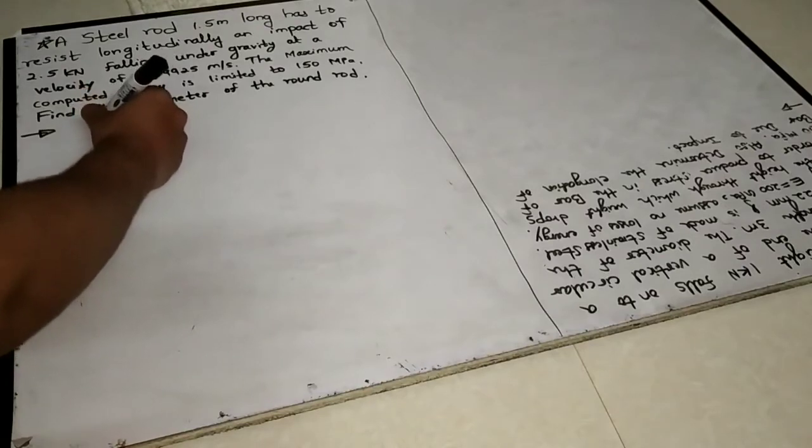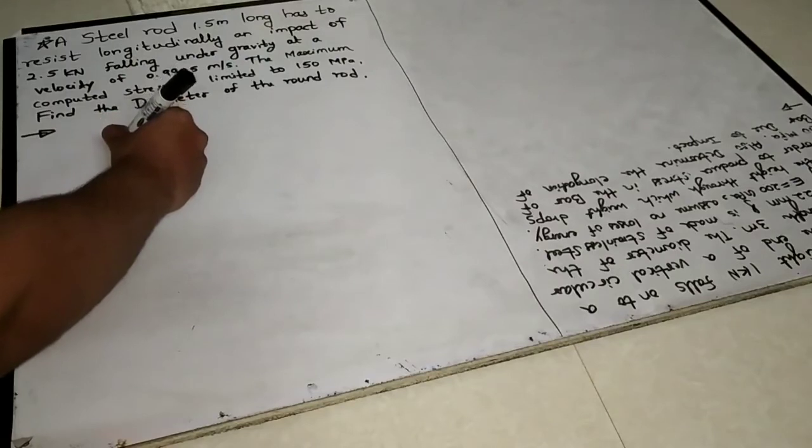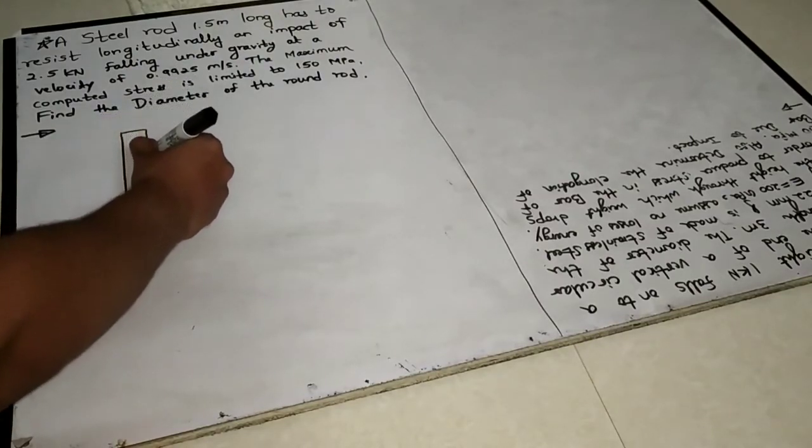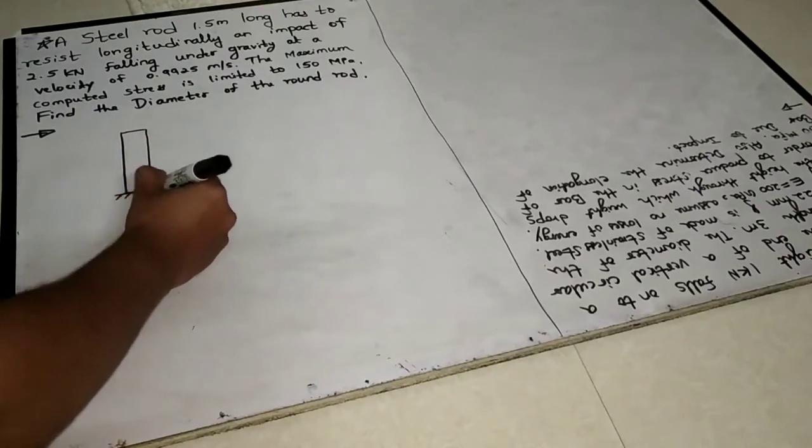So you also go through the question once again. So let me draw the rough diagram. So how does it look? So let us take this as a steel rod.